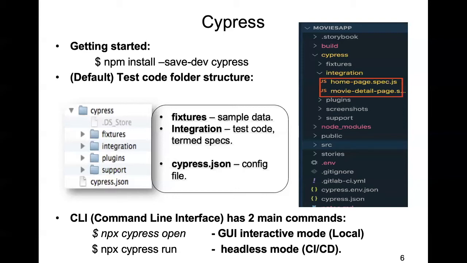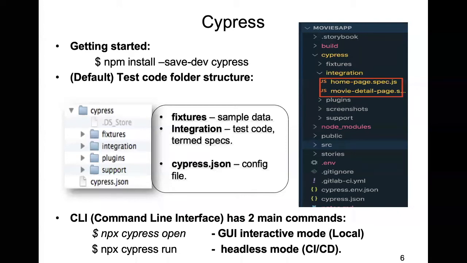And as we'll see in a while, that starts up Cypress's own graphical user interface tool, and it's quite easy and nice to work with. The second one, npx cypress run, you would use if you just want to run all of your tests in one go. The first one, npx cypress open, is what you tend to use as you are developing your tests. The second one is when you just want to run the whole lot.